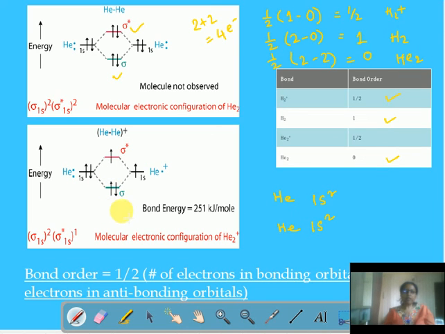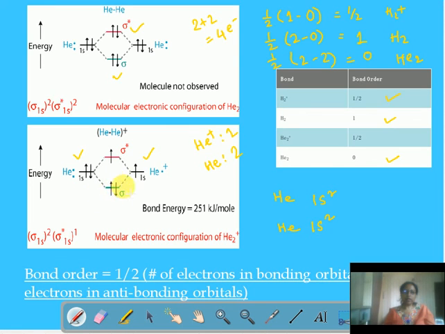But for He2 plus, what do we see? We have 2 electrons in one helium and 1 electron in He plus. Now you fill up the electrons in the molecular orbitals.